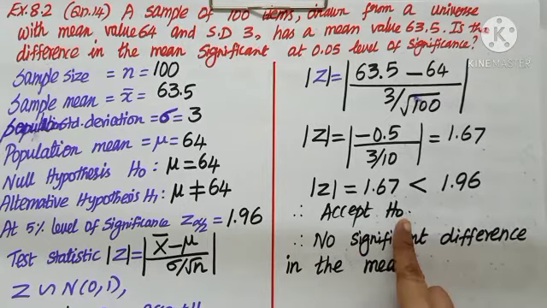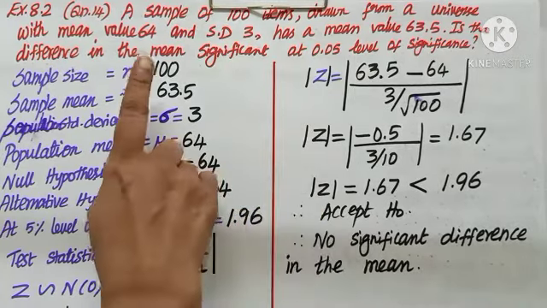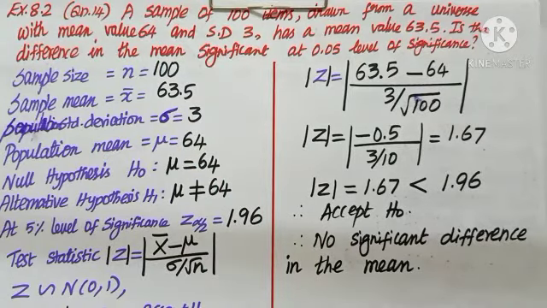Whenever we accept H naught, we will say no significant difference in the mean. That is, we want to say this sample is from this population only. From sample mean to population mean, there is no difference.